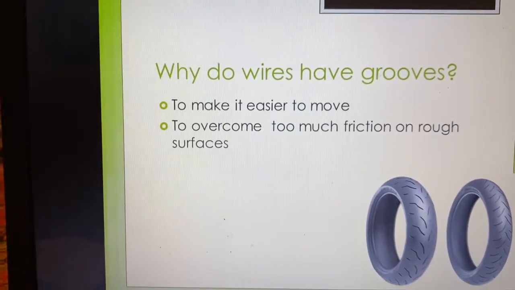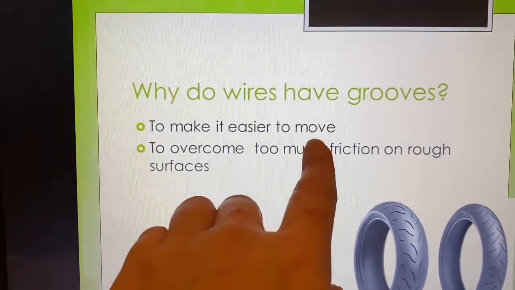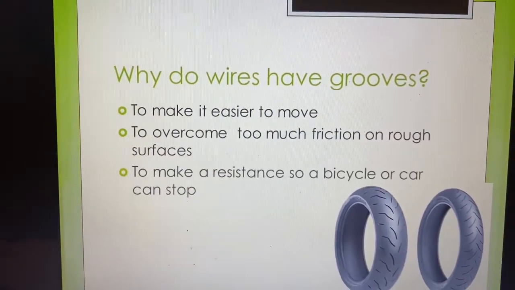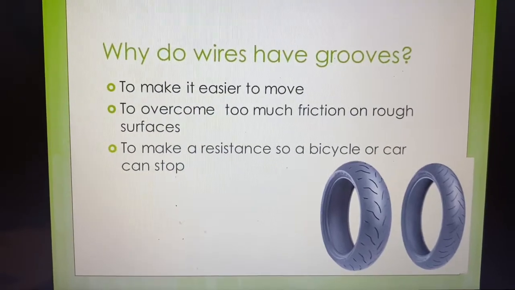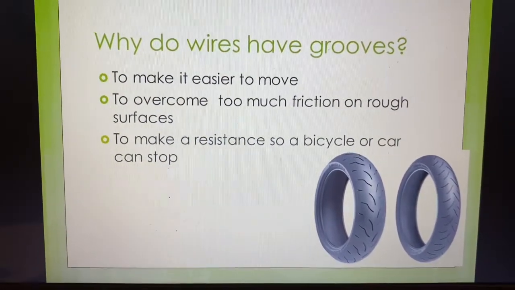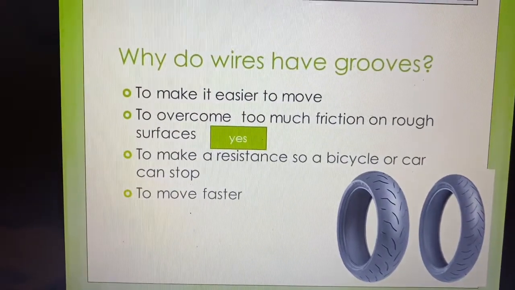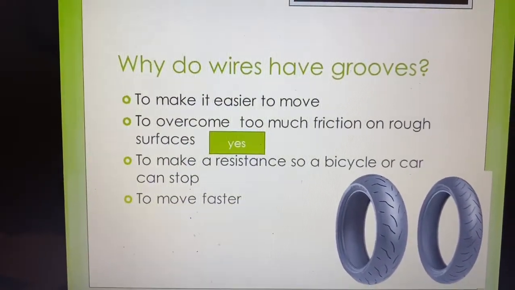To make it easier to move, or to overcome too much friction on rough surfaces, or to make a resistance so a bicycle or car can stop, or to make it move faster? Sure, to overcome too much friction on the surface.